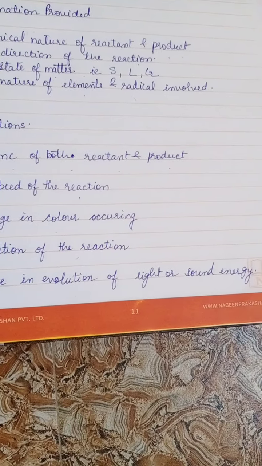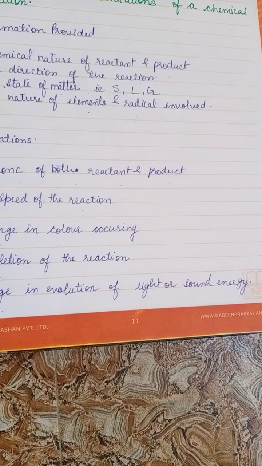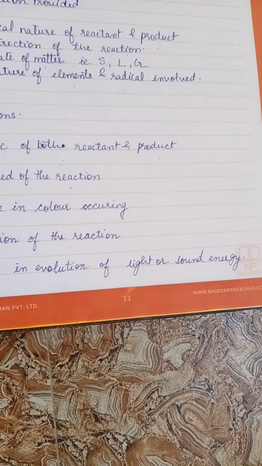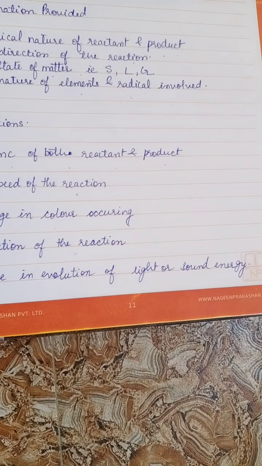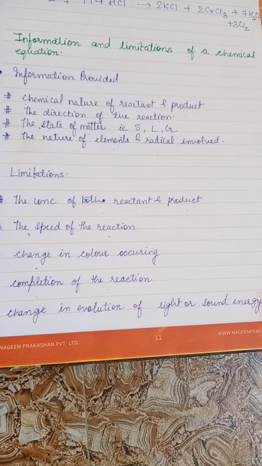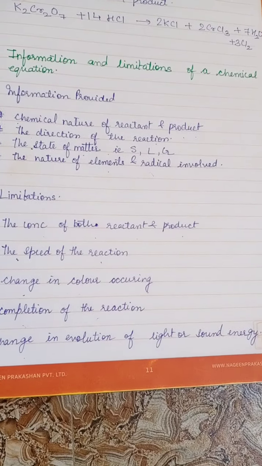Sometimes a reaction may take place and there may be a large amount of light energy being given out, or there may be some sound energy being carried out during the course of the reaction. Such information is not provided when you look at a chemical equation.